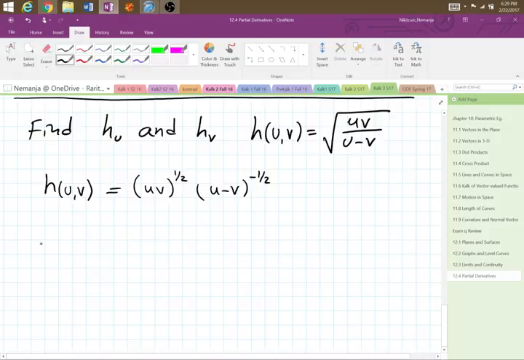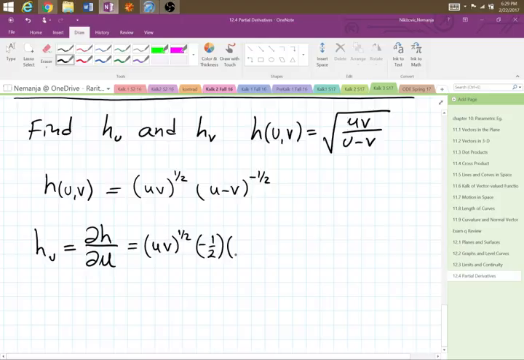So let's take a look at h_u first. Partial derivative of h with respect to variable u. Well, we have a product rule, so copy the first one times the derivative of the second one, which is negative 1/2 (u minus v) to the negative 3/2, times the derivative of the inside, which is just 1.